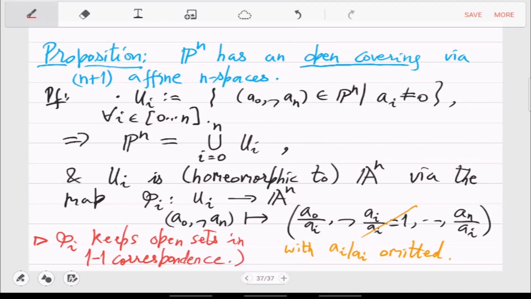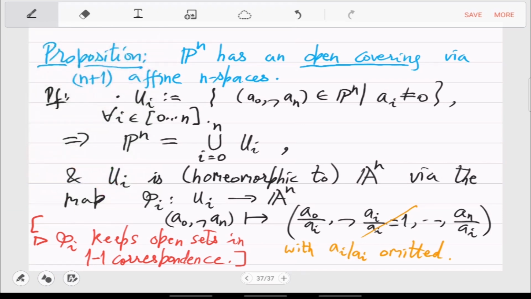Okay, so when this happens, then you are sure that the Zariski topology, the geometry is being completely preserved. So, in that sense, Ui we can say is A to the n. Okay, it is just a relabeling. Geometrically, it is the full affine n space.